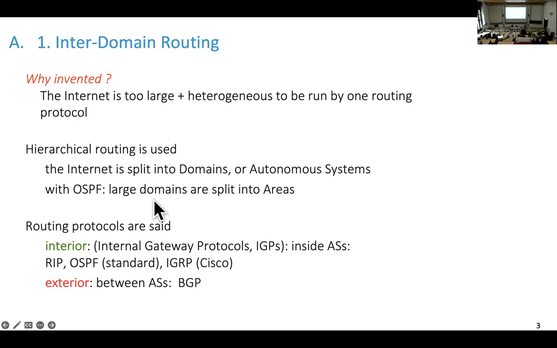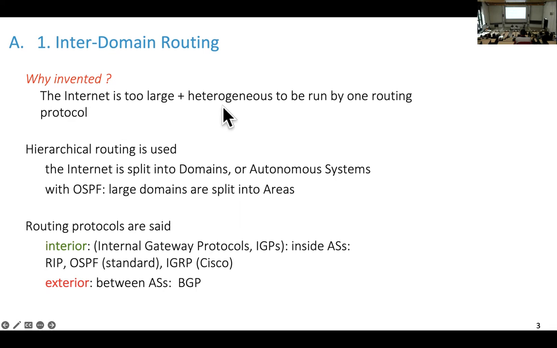That might still work if we split the internet into some areas, but the internet is still much larger than that. Simply splitting into areas still does not scale. We might do levels of areas, but that becomes very complicated. So we cannot simply do OSPF throughout the internet. First, because it's too large.